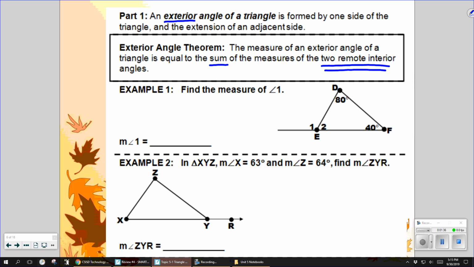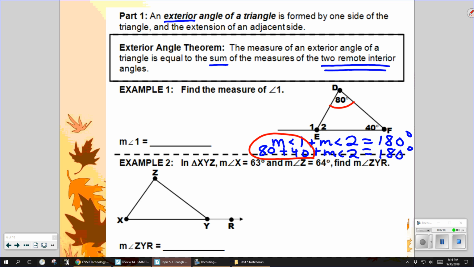So looking at this picture in example 1, angles 1 and 2 are a linear pair. They are adjacent, and since they're a linear pair, by the linear pair theorem, we know that they add up to be 180. And if you think about the triangle sum theorem, we also know that the interior angles of a triangle add up to be 180 as well. So if you think about those two things, then you can see in these two equations that the measure of angle 1 has to equal 80 plus 40.